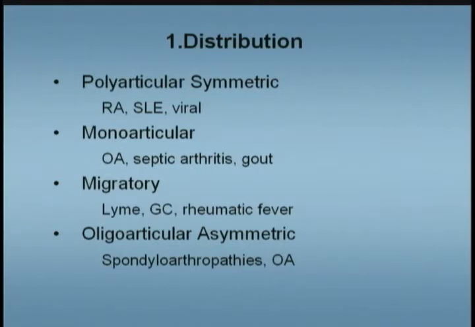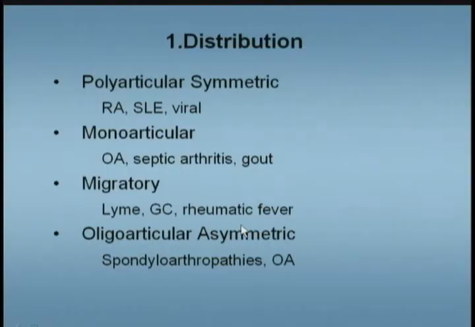GC, gonococcal arthritis, especially disseminated gonococcal arthritis, can present with migratory arthropathy. So right now you should say GC can present with migratory arthropathy. It could also present with monoarticular arthropathy, because that's part of the septic joint issue. It can present one way or the other.